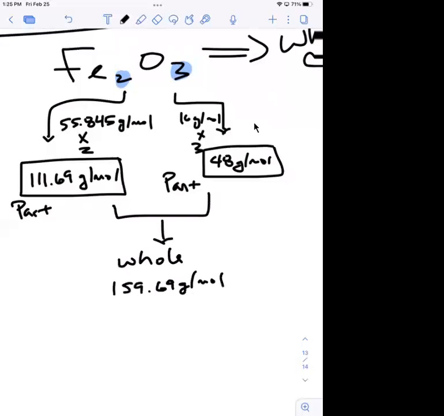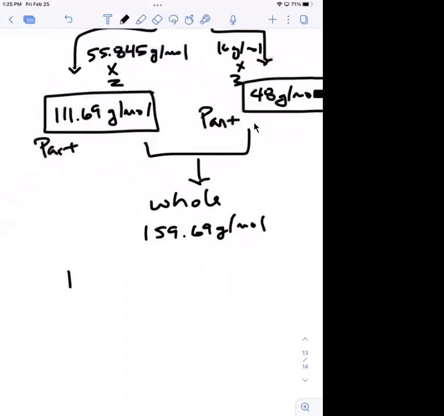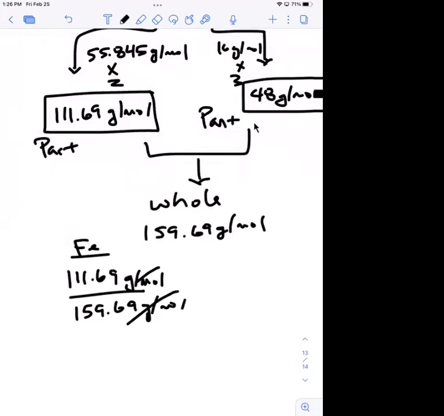Now we can go back and figure out the percent composition. If we take the part, so this is for iron, the grams per mole are going to cancel. What do we get from that?